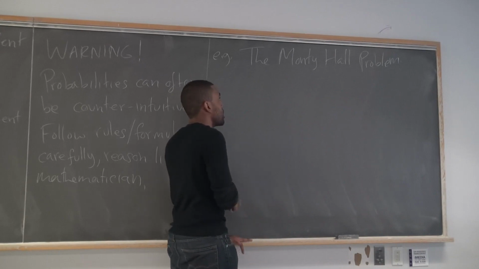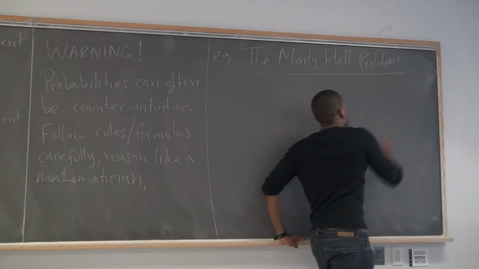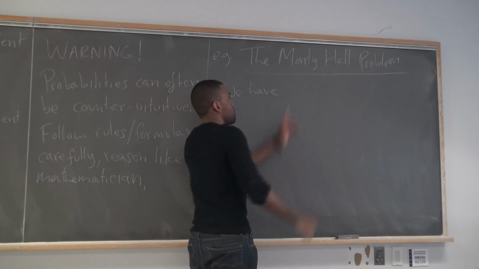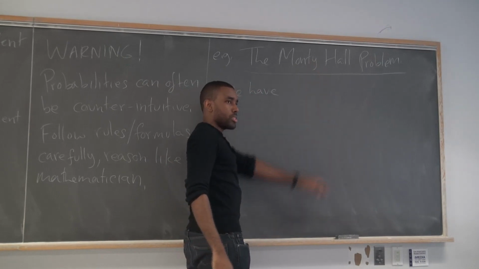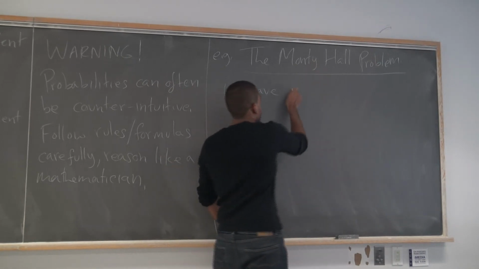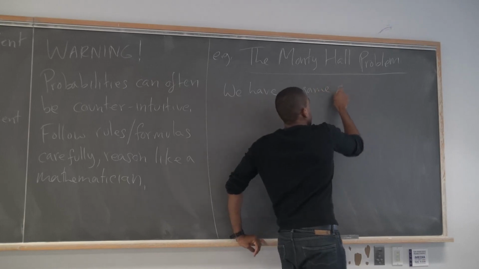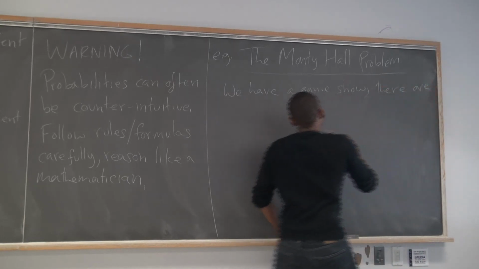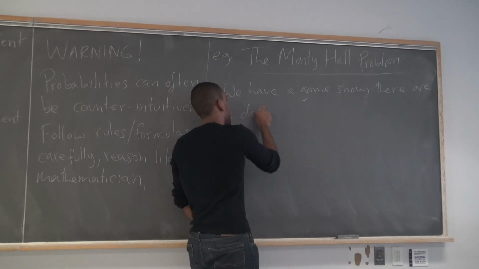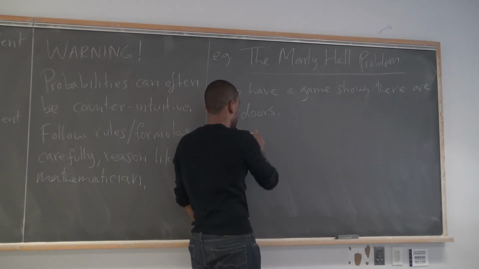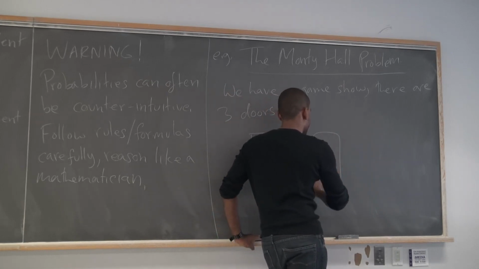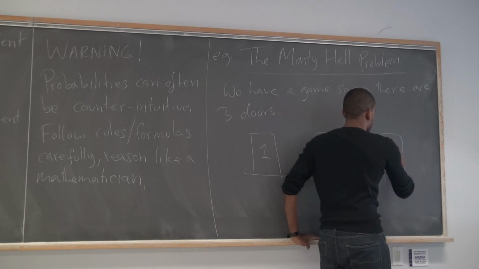So here's the setup. We have a game show. Monty Hall was a famous game show host. It's sort of based on a game show. There are 3 doors. So you have door number 1, and door number 2, and door number 3.